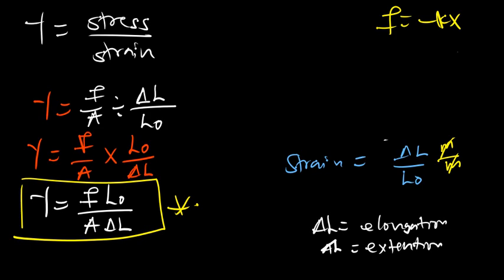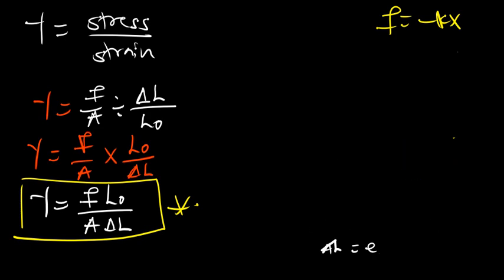So like I said, I want us to see the relationship which is there between the Young's modulus formula and the Hooke's law formula, F is equal to negative kx. From the formula which we have just come up with, I want us to make F the subject of the formula.